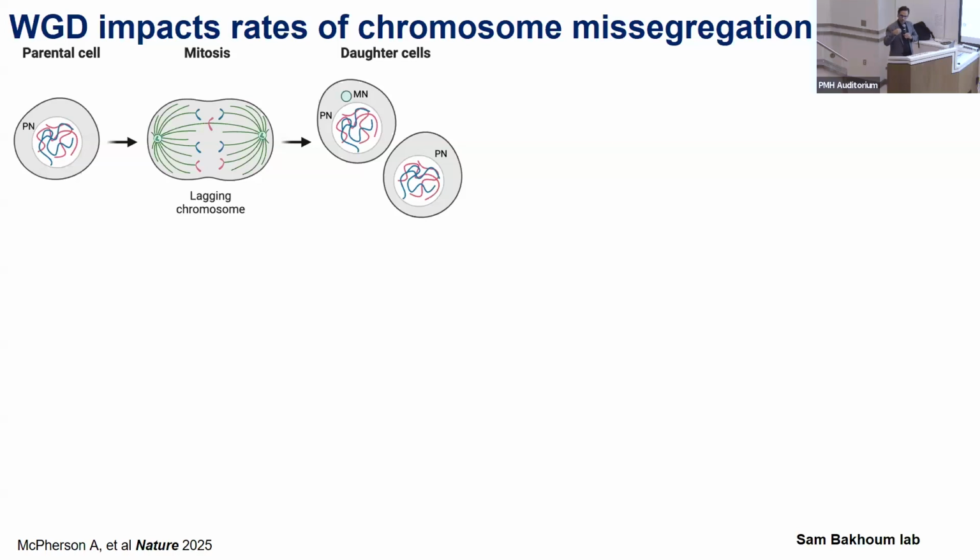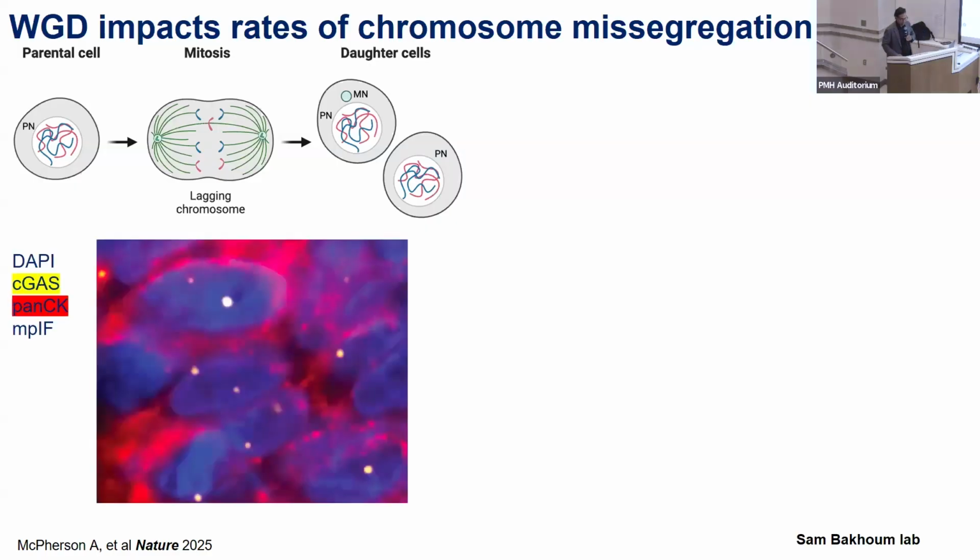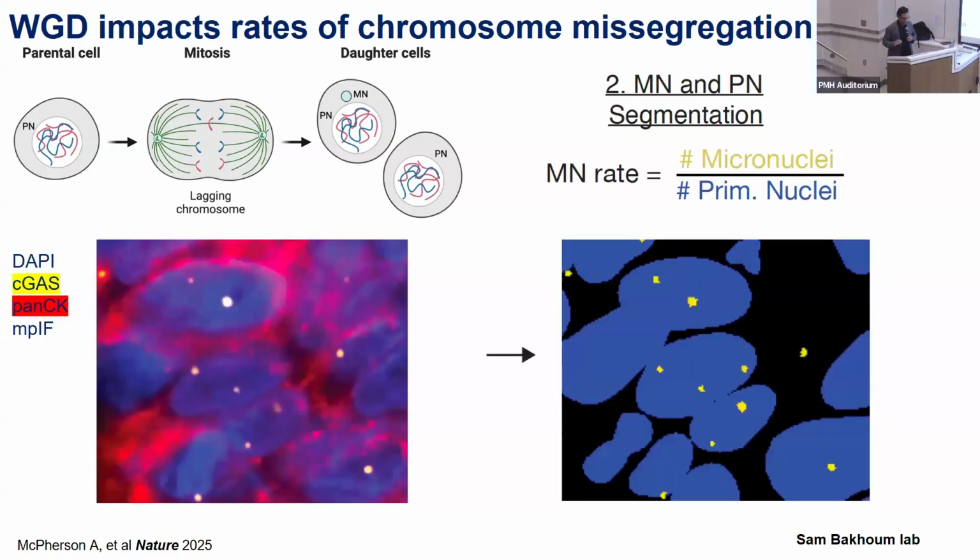So while it puts replication stress on it, the system as a whole has capacity then to be plastic and to evolve in different ways and respond to different stimuli. So we wanted to validate this using multiplex immunofluorescence. And so we worked with Sam Bakhoum, who has developed this really nice assay whereby the cGAS protein illuminates ruptured micronuclei in situ.